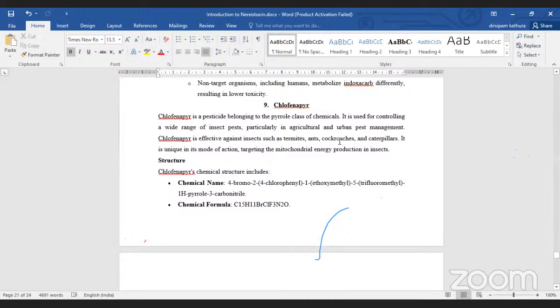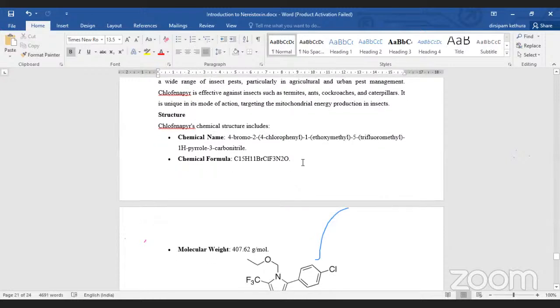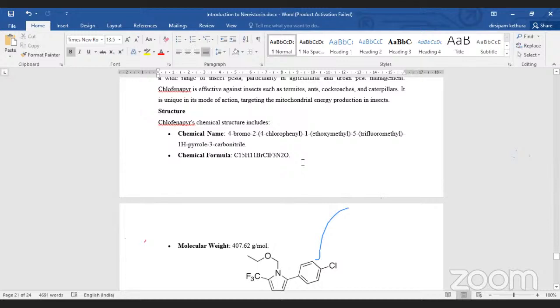It is unique in its mode of action by targeting mitochondrial energy production in insects. Till now, we have studied the action of these molecules on the nervous system. But here it is targeting the mitochondrial energy production, that means the respiratory system.